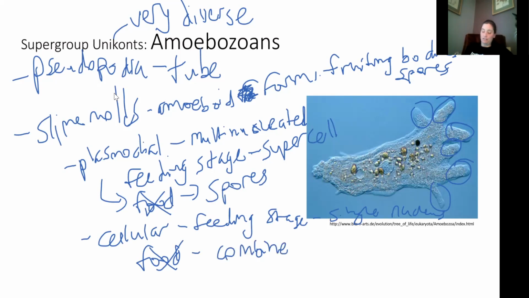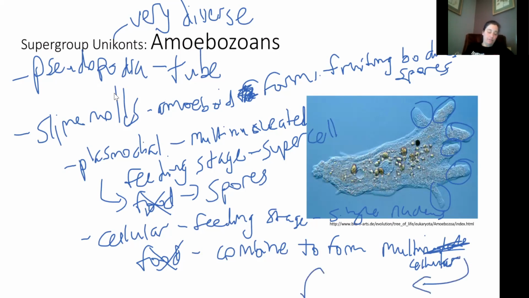They will aggregate to form a multicellular body, and that will then make a fruiting body to make spores.